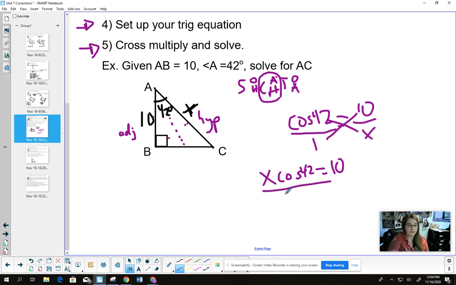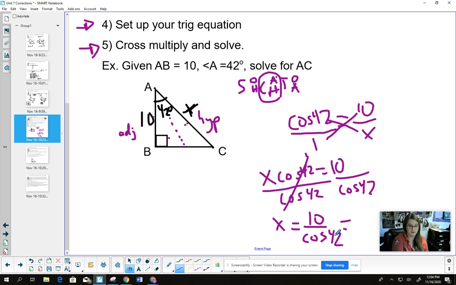No. We're going to divide by cosine 42 so that x can be by itself. And then you would go to your calculator and plug that in. I'll plug it in here: 10 divided by cosine 42. So for this question, you should get 13.5-ish, 4 or 5. But if you want to double check that, you can. Go back to your test, see if you can correct those mistakes and see what you did wrong.